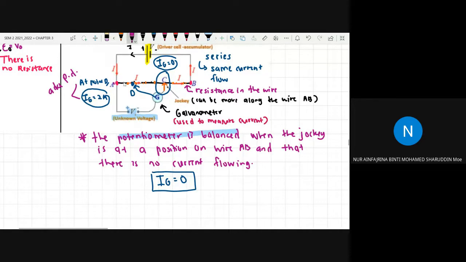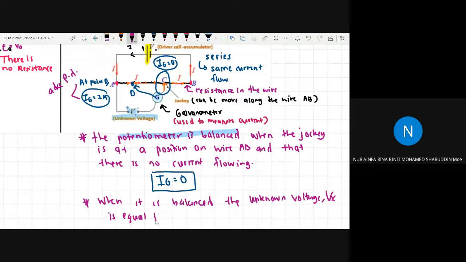So bila dia balance, when it is balanced, the unknown voltage, okay, sekarang kita kan ada unknown voltage kan. The unknown voltage kita, which is Vx, is equal to the voltage across AC.